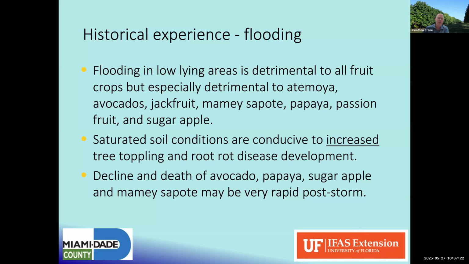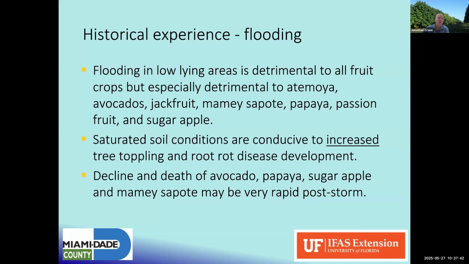Hurricane Andrew was relatively dry, so the trees being pushed over was mostly caused by the wind. With Irma, with the Category 2 storms, the ground was so saturated that it was hard for the roots to stabilize the tree, so we saw some increased toppling.